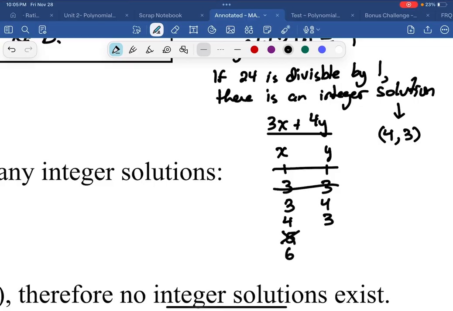I'd try 6, 18. I would need to go 6 more, still not going to happen. So I think we skipped over 2, so I would try 2. That gets me a 6. In order to get to a 24, I would need 18, so that's not going to do it.